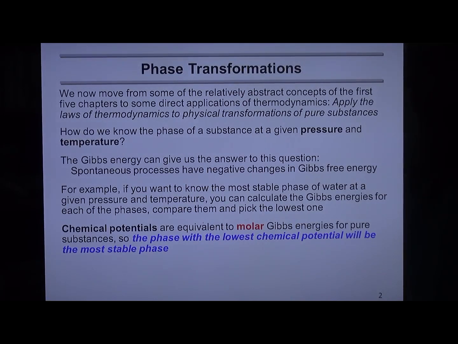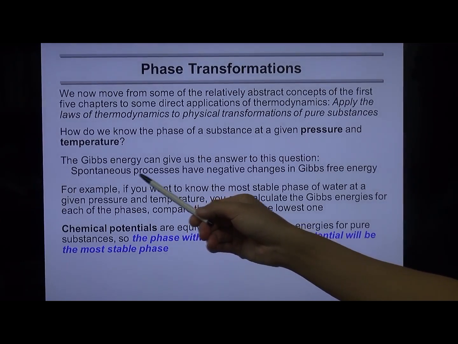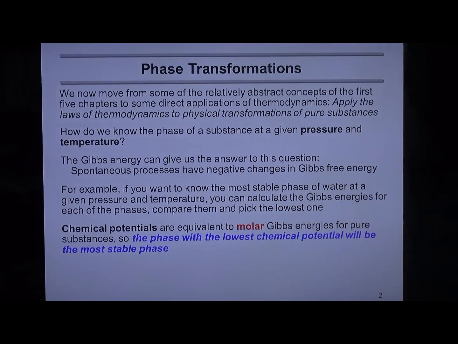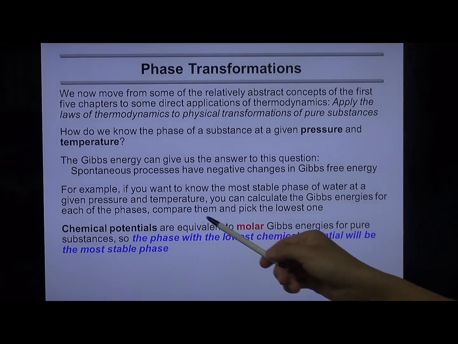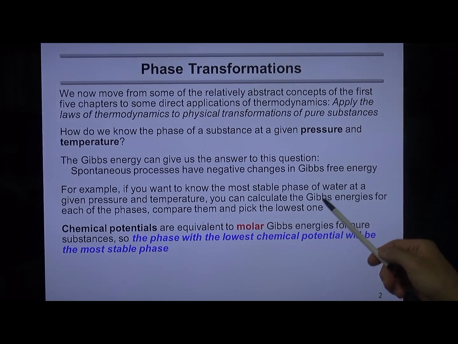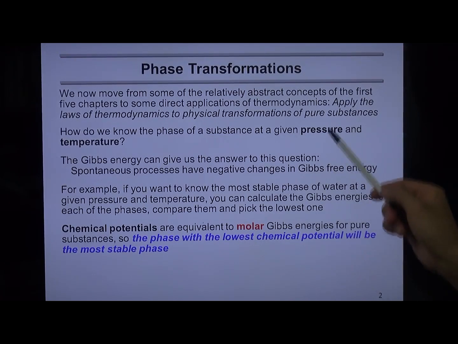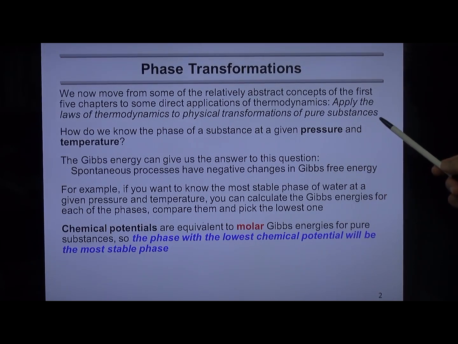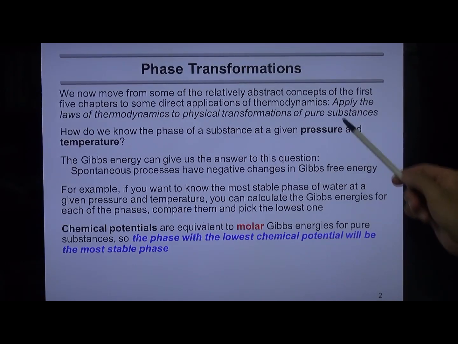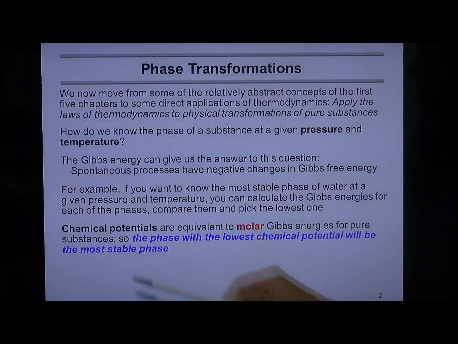Okay? You compare those three numbers, three Gibbs free energies. And the phase with the lowest Gibbs energy is the most stable one, because spontaneous changes accompany negative change in Gibbs free energy. Okay? So you can simply calculate Gibbs energy for different phases, compare them, and pick the lowest one. That's the most stable one. Okay? And especially for pure substances, if you recall from chapter 3, chemical potentials are the same as molar Gibbs energy, right?